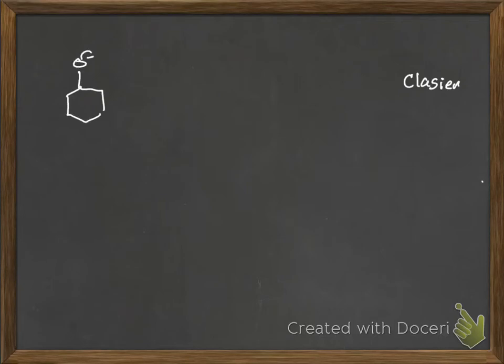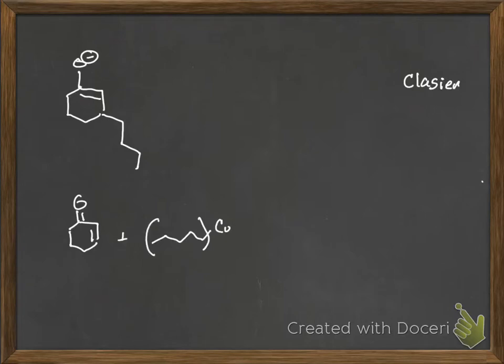Now, to show you this will work with almost any addition product, I'm going to use this one, which was made by reacting the alpha beta unsaturated ketone with the Gilman reagent.